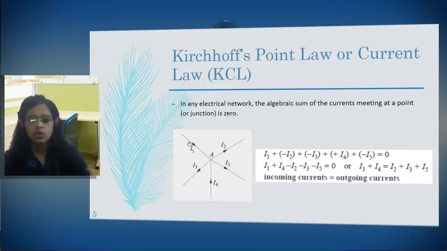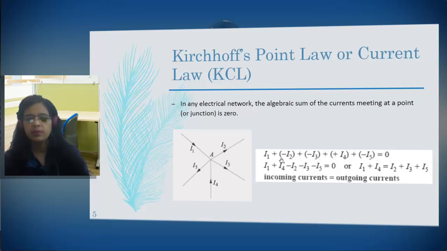So I1 is coming, so it is positive. I2 is leaving, so it is negative. I3 is leaving, so it is negative. I4 is coming, so it is positive, and I5 is leaving, so it is negative. The algebraic sum of all these currents will be equal to 0.